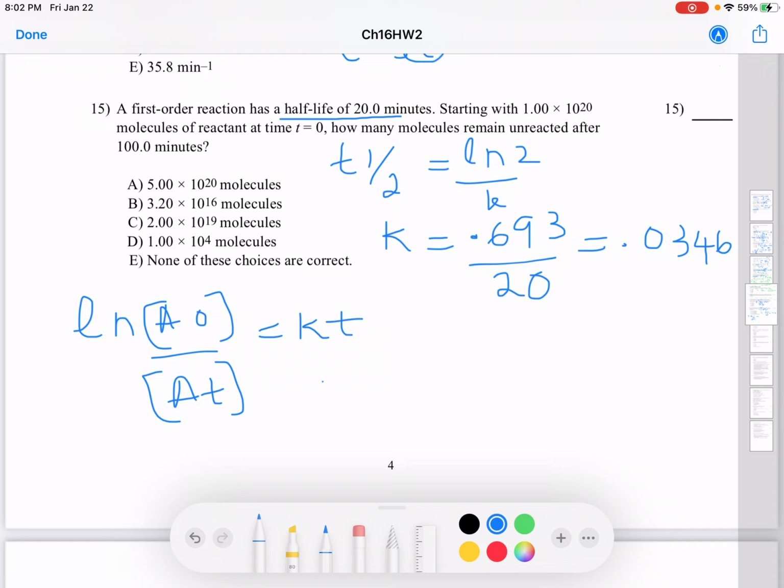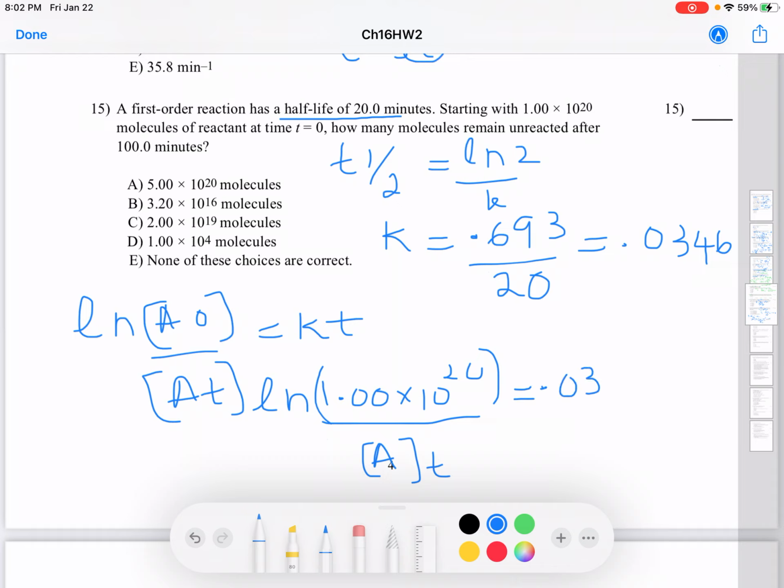Starting with 1.00 times 10 to the 20, ln over At equals k, 0.0346 times 100 minutes. So you guys can find the concentration by solving this equation.